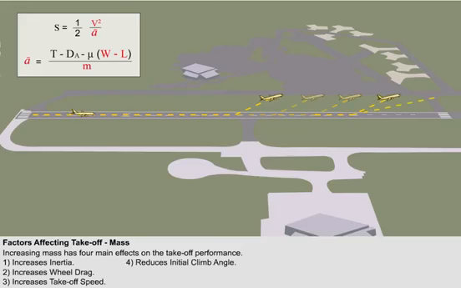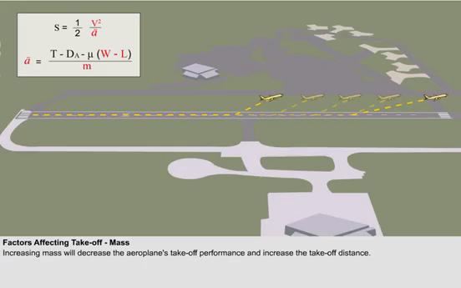The fourth effect is that a higher mass will reduce the aeroplane's initial climb angle. This decreased climb angle will increase the distance required to reach the screen height as shown, and therefore will again increase the takeoff distance. The effect that the mass has on the climb will be dealt with more comprehensively in the next lesson.